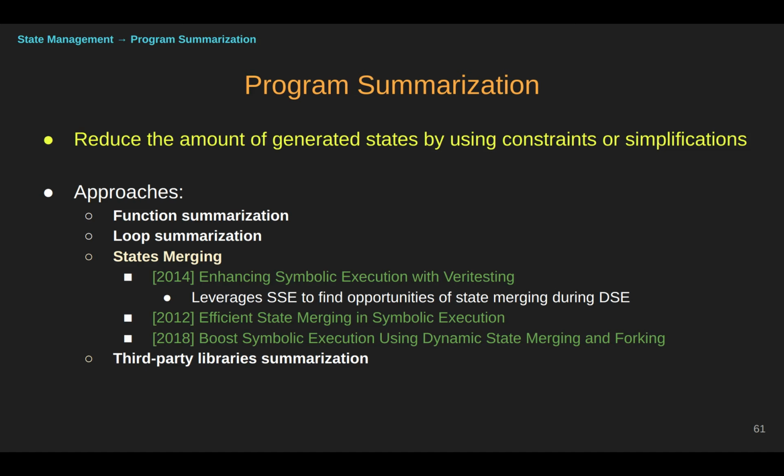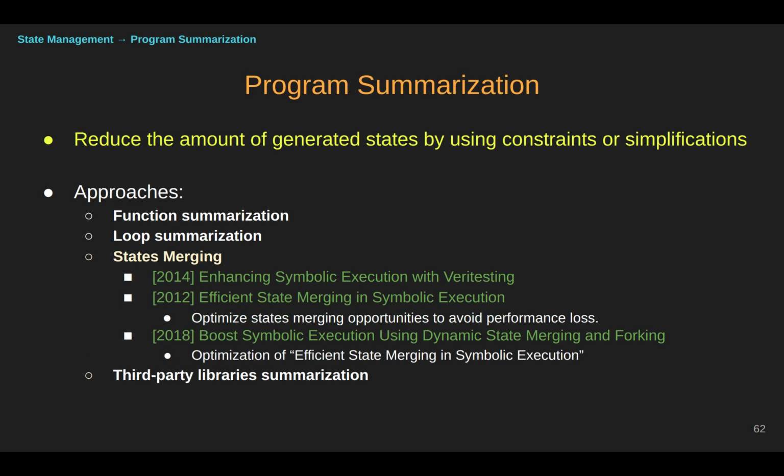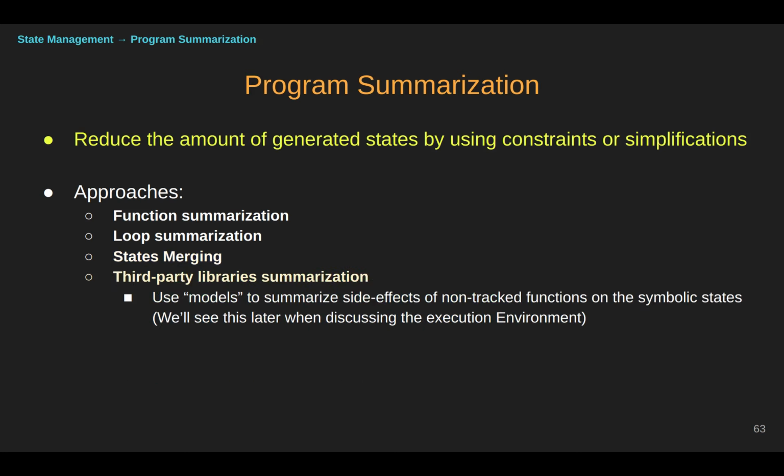So it uses traditional symbolic execution to find opportunities to merge the states in concolic execution. And then a couple more papers find more state merging opportunities, and then the next one makes it better. And then the last one is summarizing third-party libraries.